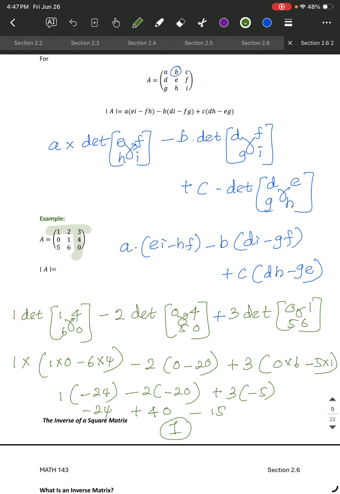Okay, I hope everything is clear so far. Again, what two things must be true for the inverse to be available? The matrix must be square and the determinant must not equal 0.